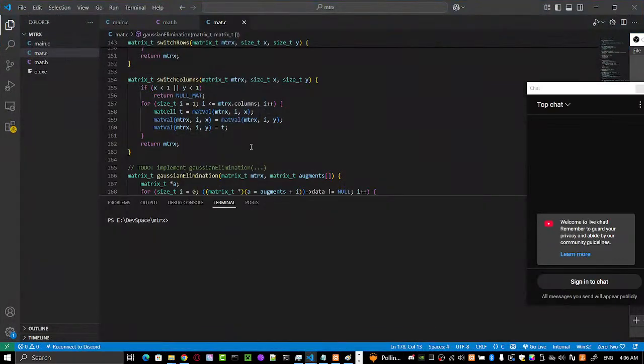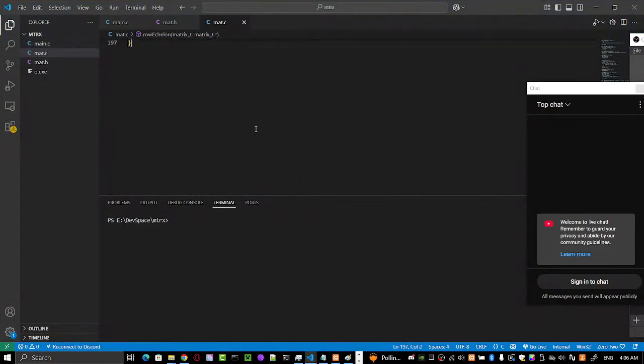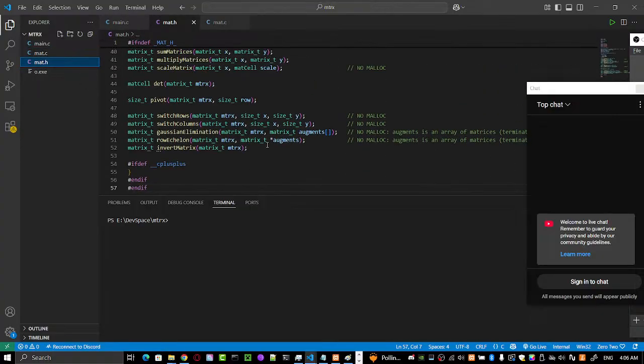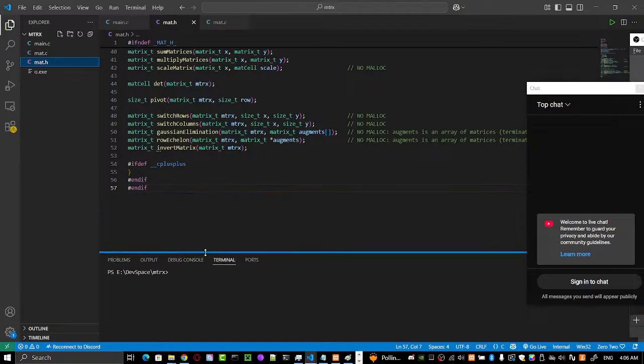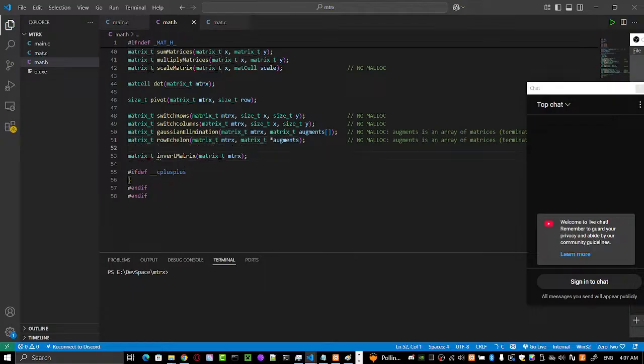So we have to implement this right here, if we want to implement this right here, right? Right now, what we have to do is, let's see, we get a new matrix, right?